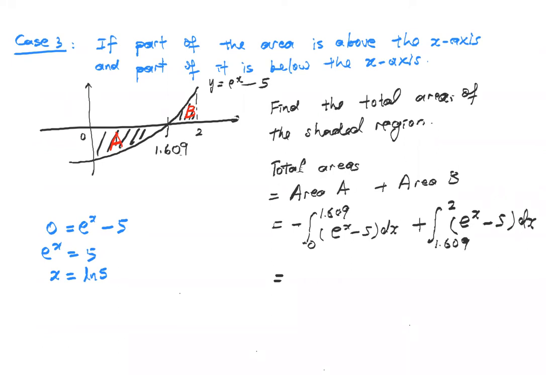So you have to be very careful with the way you write. If anyone of you wants to write this as this, also can. It's okay. You will get the same answer. This also represents area A. Clear?